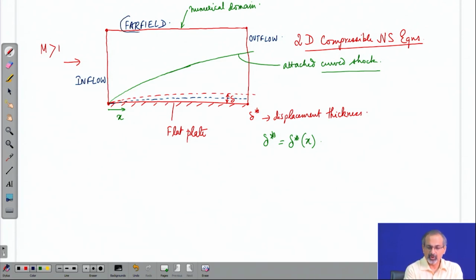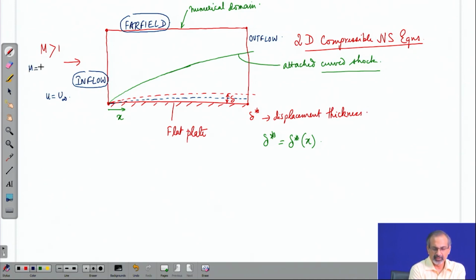You can call this as a far field, and the conditions over there would be very similar to that you have at the inflow. At the inflow, what do you have? You have u equal to u infinity. And how do you obtain u infinity?